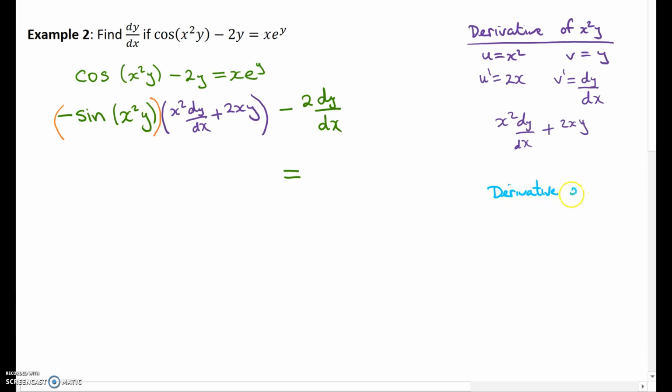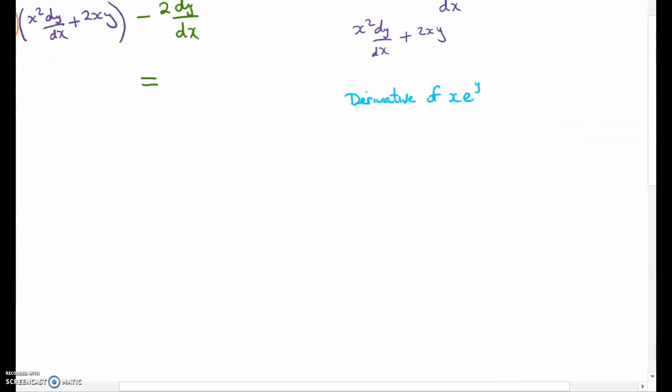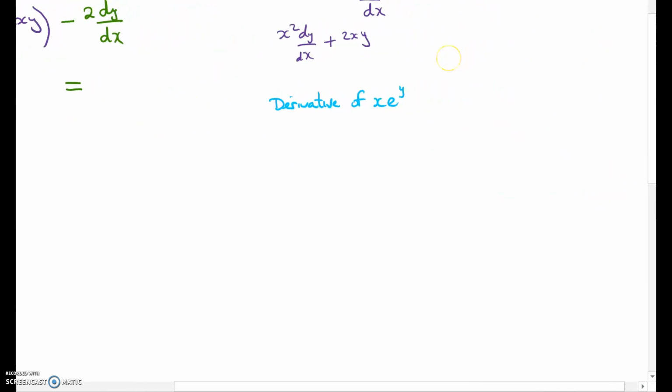So the derivative of x e to the y. And I'm just going to move this up here slightly so it's easier for me to read. I'll move it back after that. So u is equal to x, and v is equal to e to the power of y. U prime, derivative of x is just 1. V prime, okay, now, when you've got an e, when you differentiate an e, you get the same thing back again, so it's e to the y, and then you have to multiply by the derivative of the exponent.